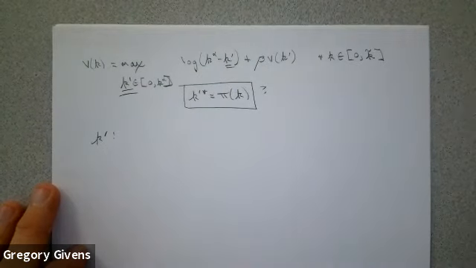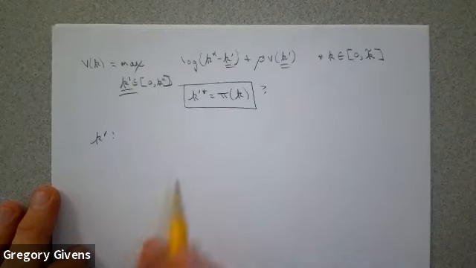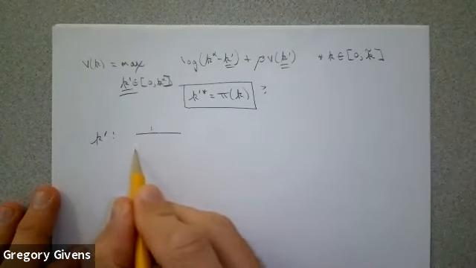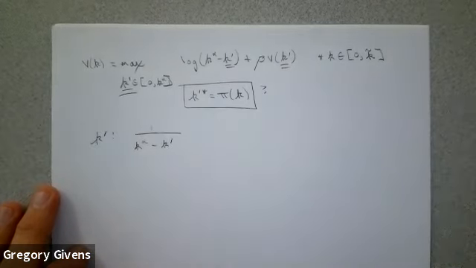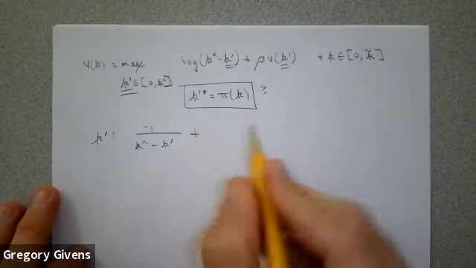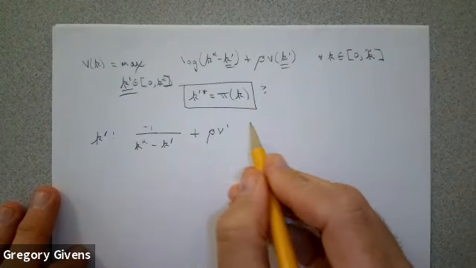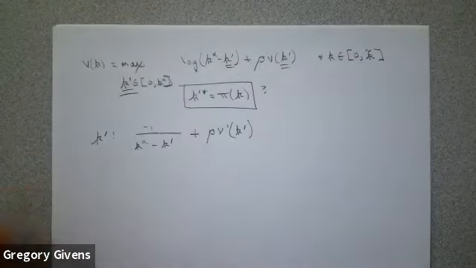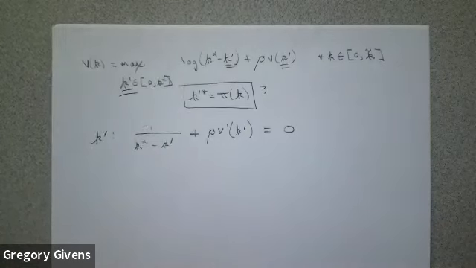Right here in the current return and right here in the continuation return. So it would be 1 over k to the alpha minus k prime times -1, chain rule, plus beta V prime, the derivative of V with respect to k prime. The first order condition sets that term equal to 0.